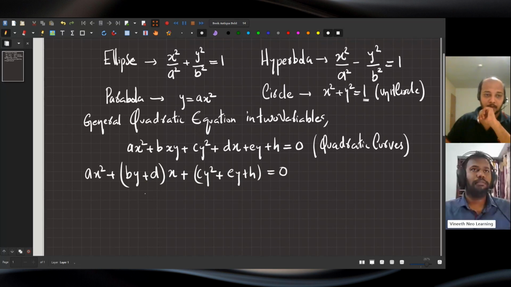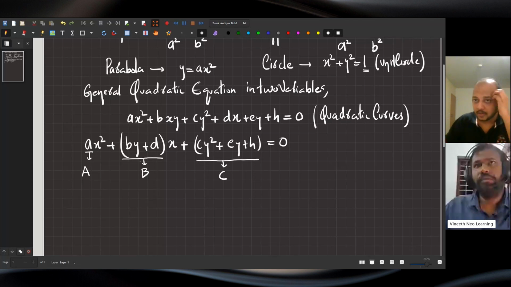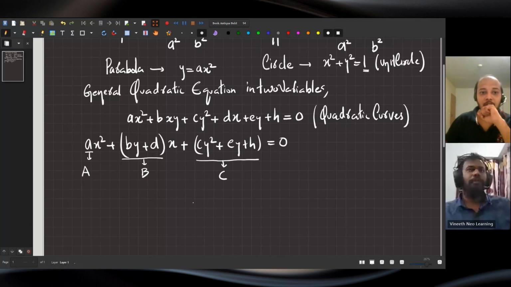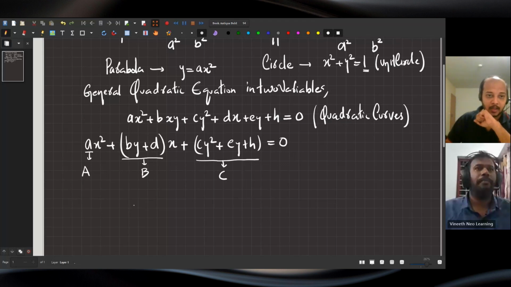Name this a as capital A, name this by plus d as capital B, and this term cy squared plus ey plus h as capital C.